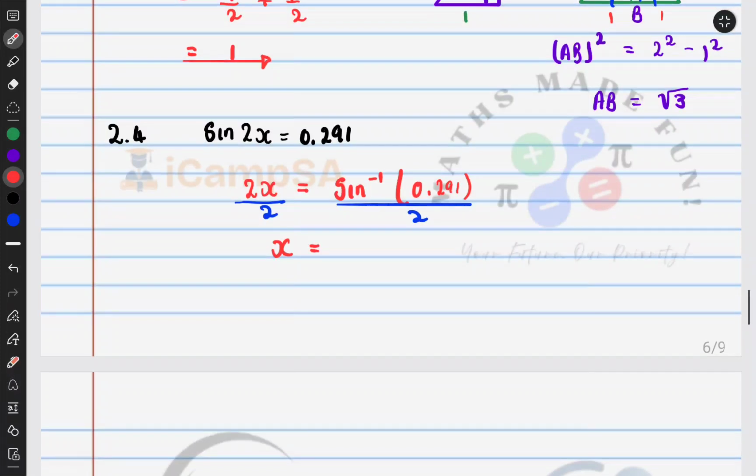Next you punch that in your calculator, and we see what we get: 0.291 over 2. And then x is equal to 8.46 degrees.